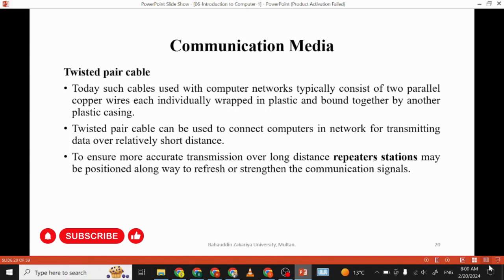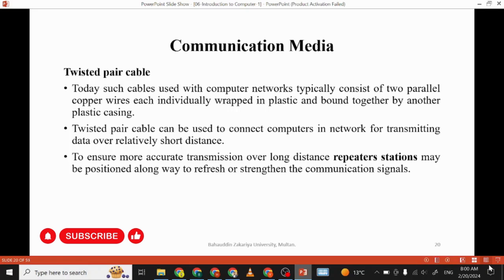Twisted pair cable. Today, such cables used with computer networks typically consist of two parallel copper wires, each individually wrapped in plastic and bound together by another plastic casing.